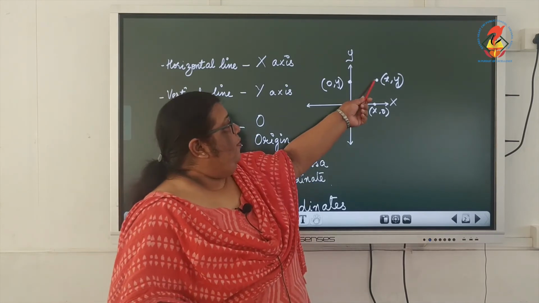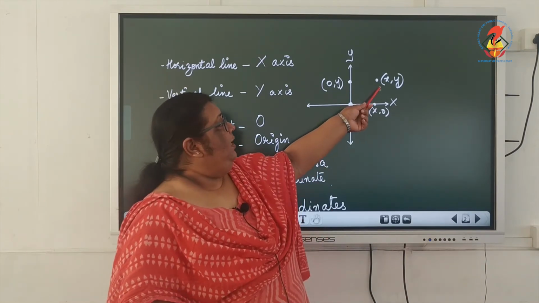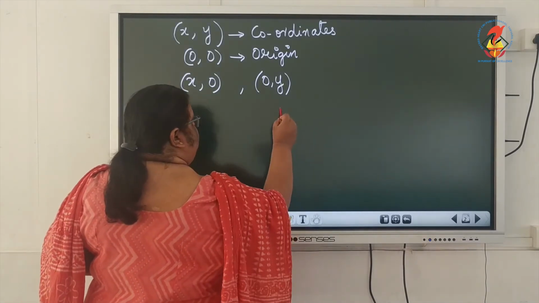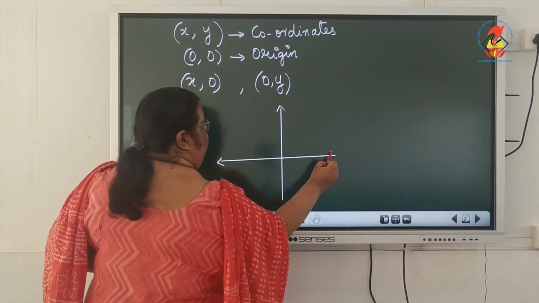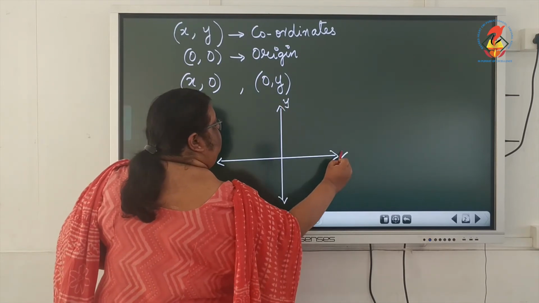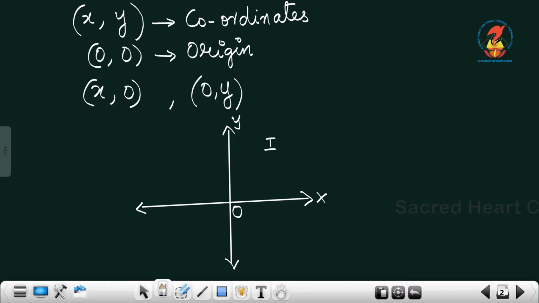So any point on an xy plane can be represented as the ordered pair (x, y). If I draw two perpendicular lines, the plane is divided into four parts. This is your y-axis, this is your x-axis, this is your origin. You can see this is the first part, this is the second part, third part and fourth part.